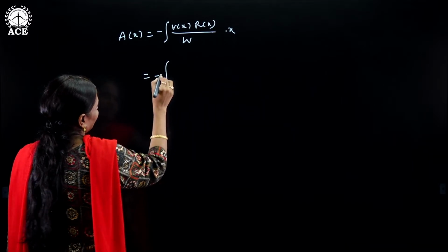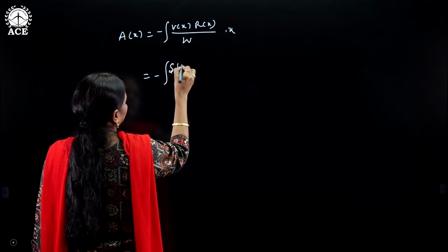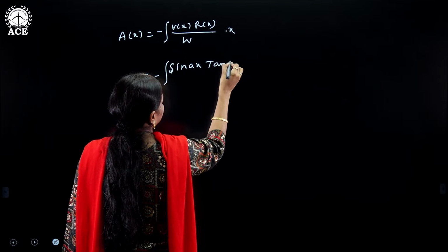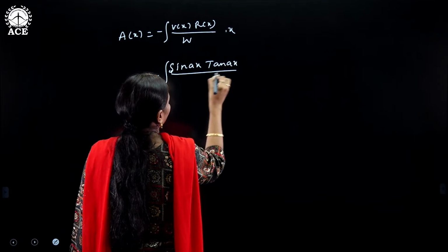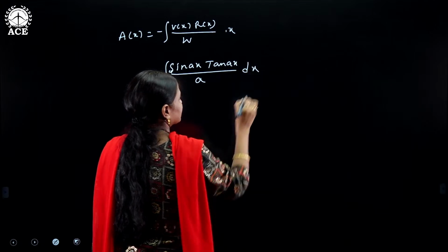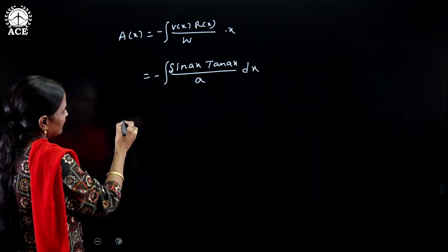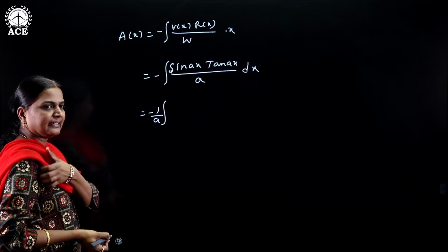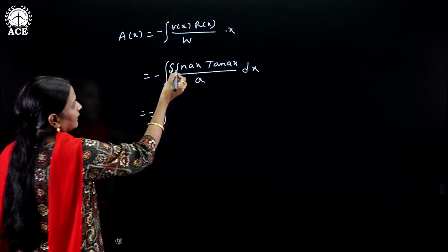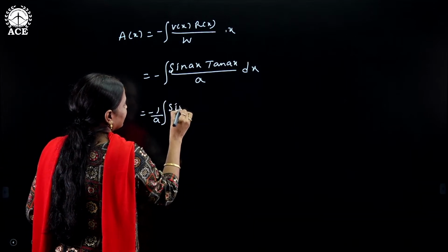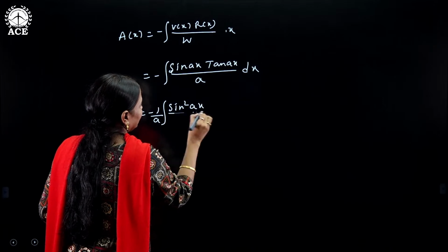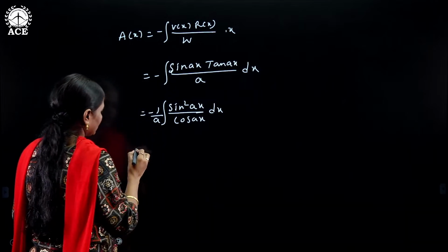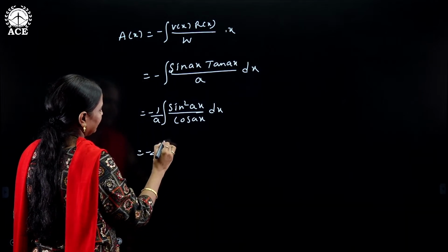What is the v of x? v of x is equal to sin ax, r of x is equal to tan ax, W is equal to a, into dx. Simplifying this, it is minus 1 by a integration of, tan can be written as sin by cos. Already we have one sin ax, so that can be written as sin square ax by cos ax into dx.